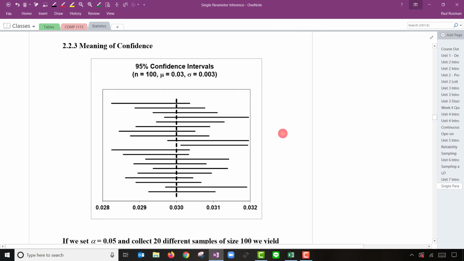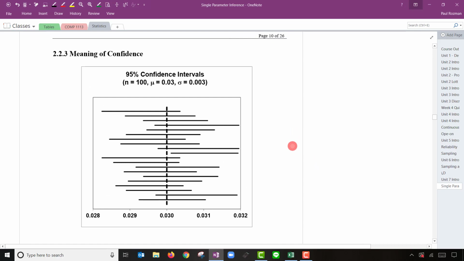I mentioned this earlier about the meaning of confidence intervals. I lost my spreadsheet for this, but I created a spreadsheet where I would generate 100 random values from a normal distribution that I knew the mean of and I knew the standard deviation of.